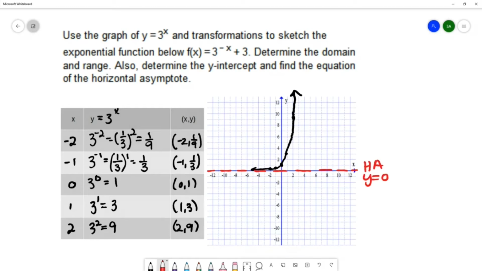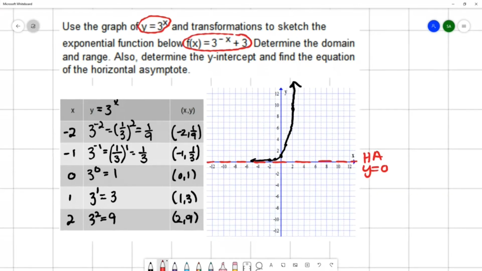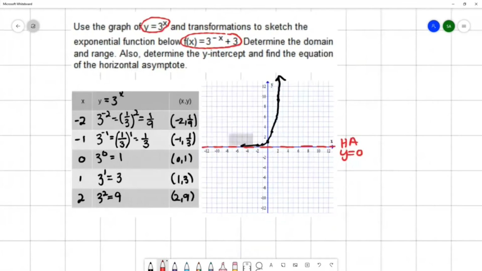So this is considered our base graph of y equals 3 to the x, and we want to use that information to help us draw the graph of f of x equals 3 to the -x plus 3. So we're going to graph that function with the idea of transformations.